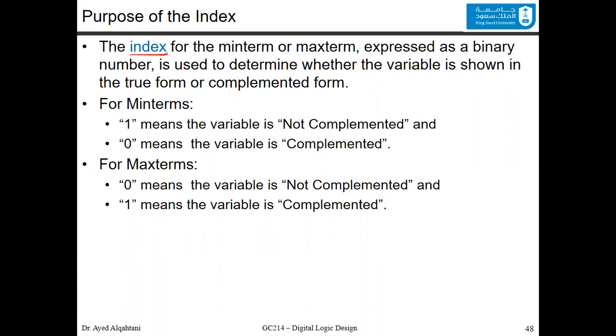Similar thing could be said for the max terms. For the min terms, 1 means the variable is not complemented. 0 means the variable is complemented. For the max terms, it's the opposite. 0 means that the variable is not complemented, and 1 means the variable is complemented.